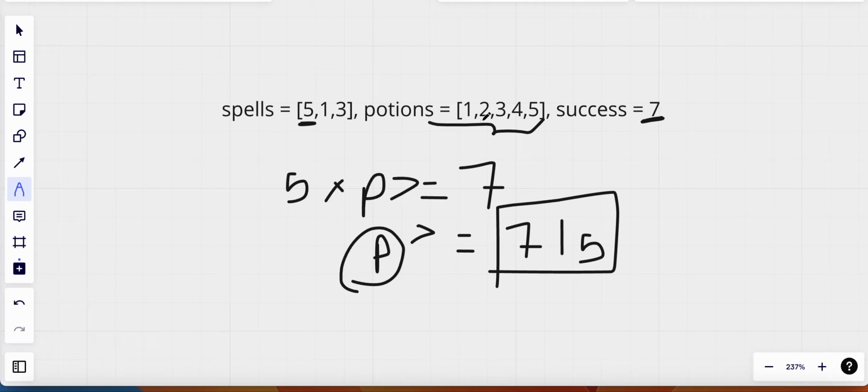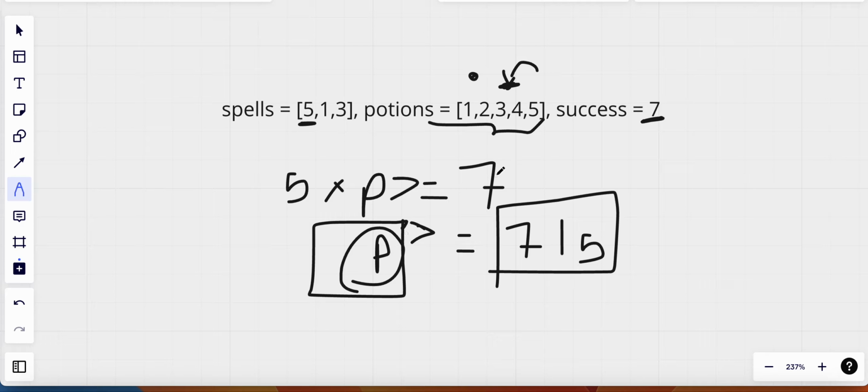Then we will look for the value p in this potions array, and we will keep looking until we find a value that is greater than or equal to p, and once we find a value which is less than p, that is when we take the value at index plus 1.